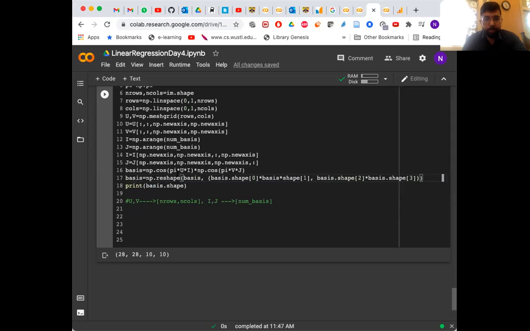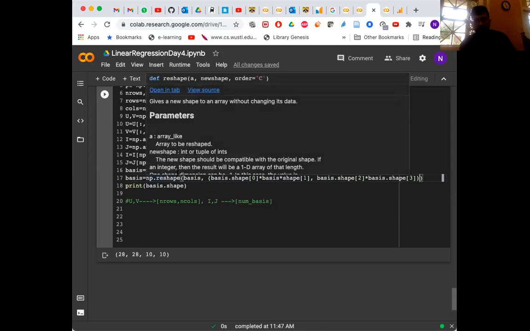Basically, I'm making it a square matrix where each column is the stacked version of the image, one base, and the bases are along the columns.